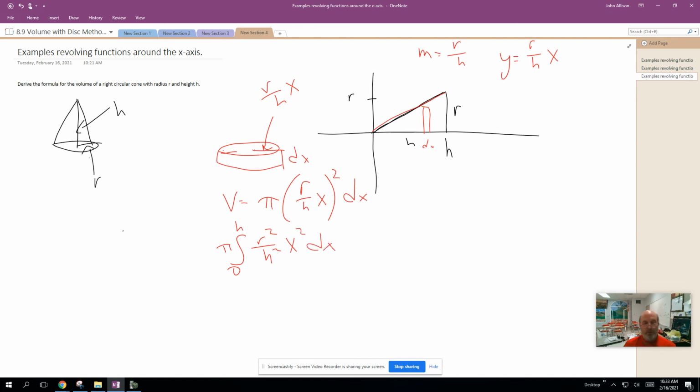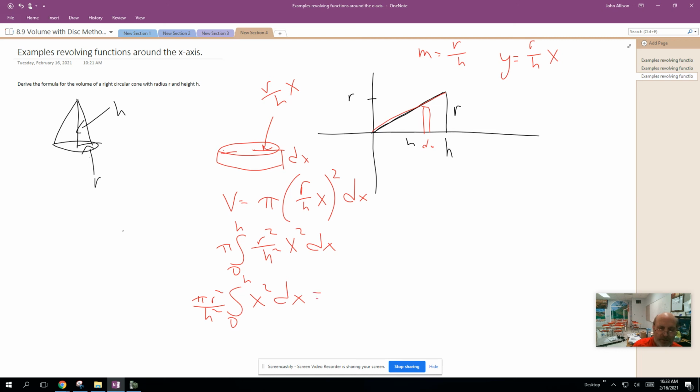We haven't integrated yet, so we're not putting it over anything. The r squared and the h squared are constants because I fixed those for this one particular arbitrary column. So the r squared over h squared can come outside, and that can become the integral from 0 to h of pi r squared over h squared times x squared dx.